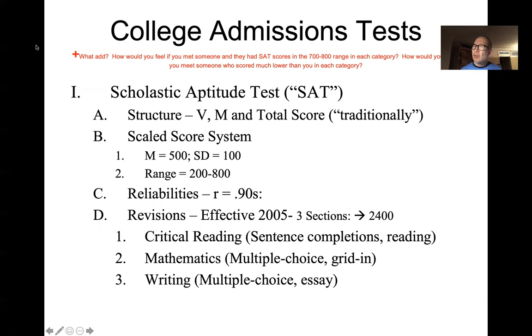Then, yeah, there's an argument to be made that the examinee, because of personal factors, wasn't able to demonstrate a score that was closer to their true score. Yeah, as you may remember, classic test theory. Okay.